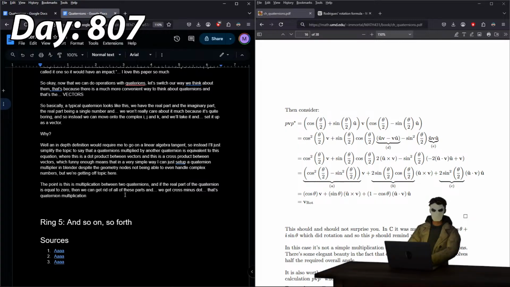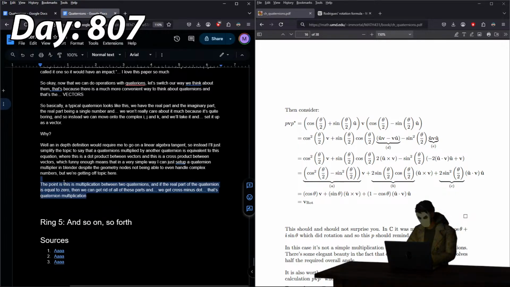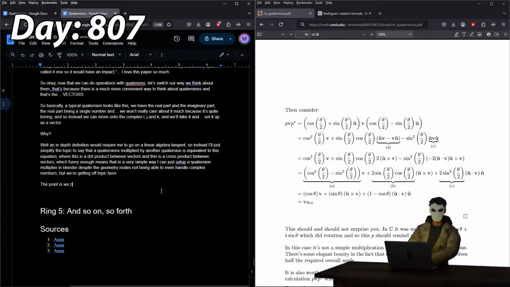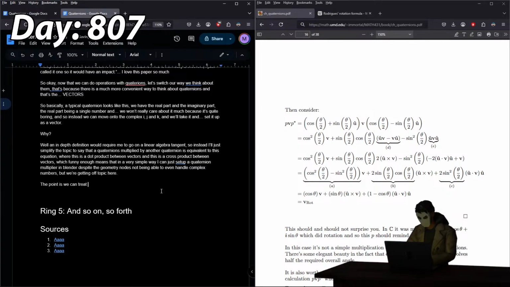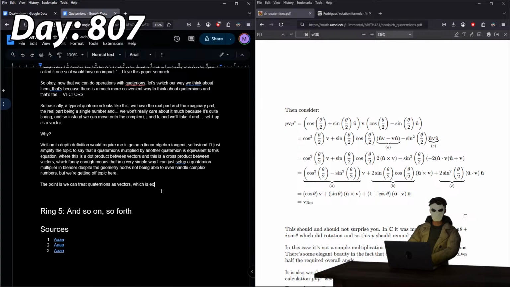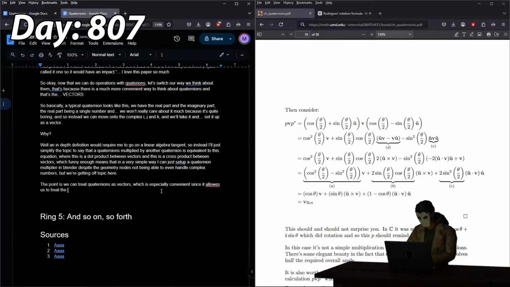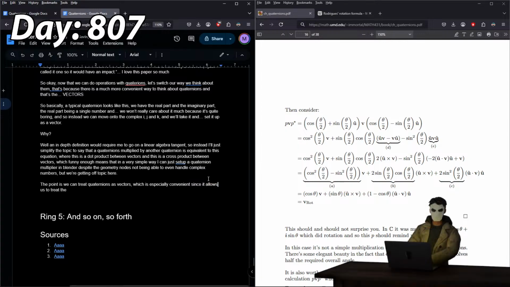I don't think this is important. The point is, we can treat quaternions as vectors, which is especially convenient since it allows us to treat the, allows us to treat the what?